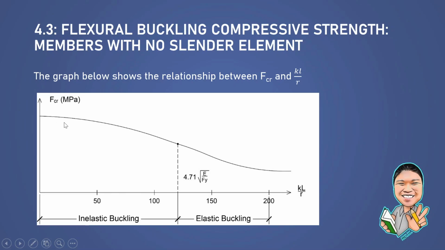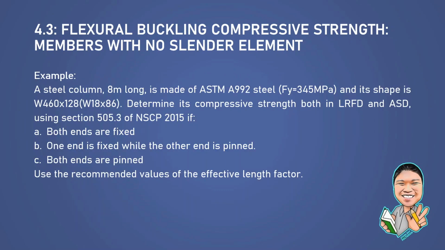So, yun na nga yung sinasabi ko, kapag yung slenderness ratio ay lumalaki, yung kanyang strength is bumababa. Kasi from the word itself, nagiging slender na siya. And hindi na po inaallow ng code na lumampas pa sa 200 yung slenderness ratio kasi hindi na yon economical. Okay? So, gayon man siguro, pwede na natin simulan or i-continue tong discussion by providing an example.